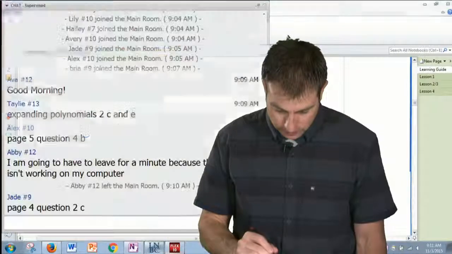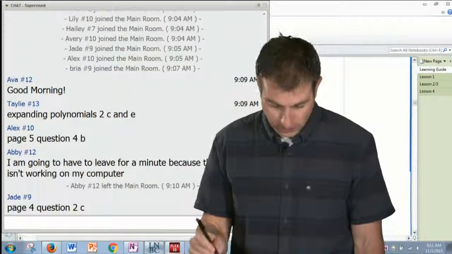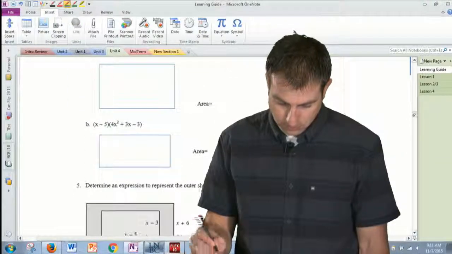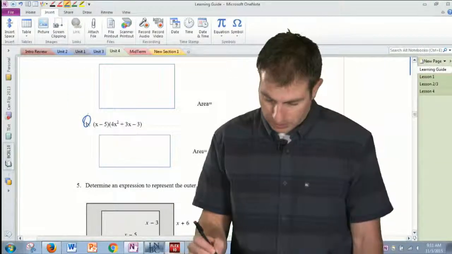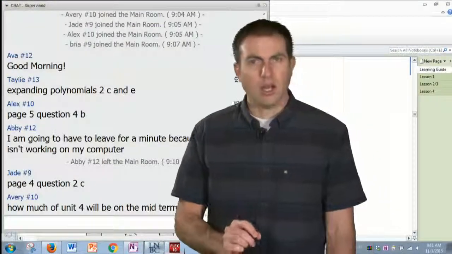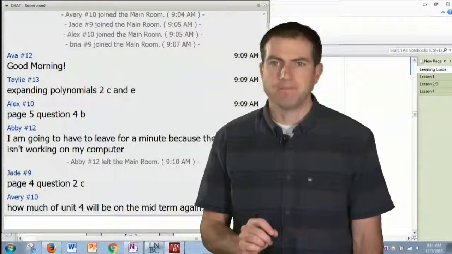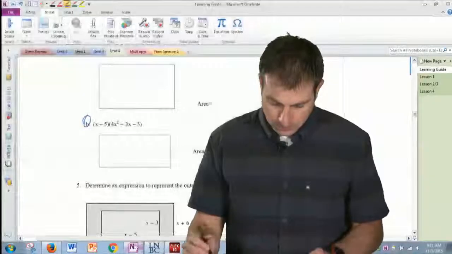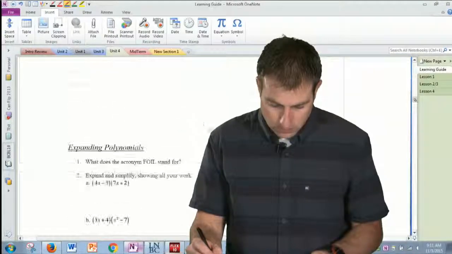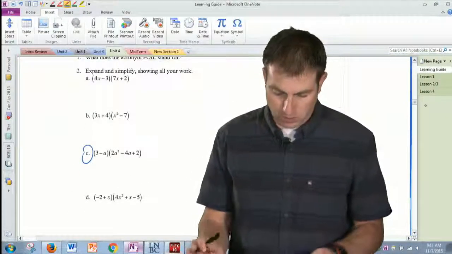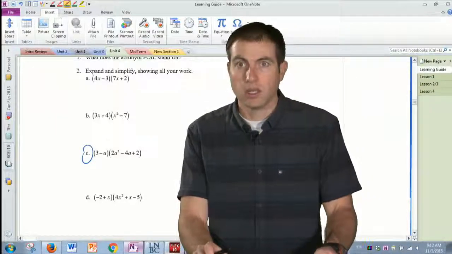And then Alex had a question, page 5, 4B. Okay. And then Taylor, expanding polynomials 2C and E. Okay, 2C, so that was a similar question that I think Jade had.